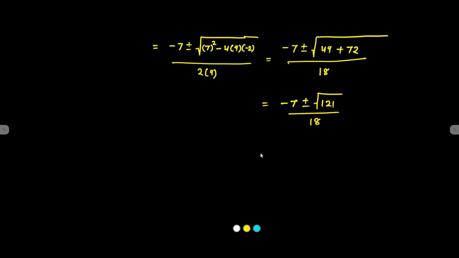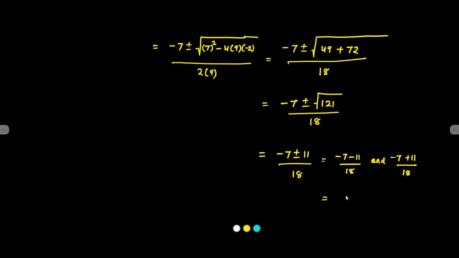This is equal to minus 7 plus minus 11 by 18. So it is equal to minus 7 minus 11 by 18 and minus 7 plus 11 by 18.